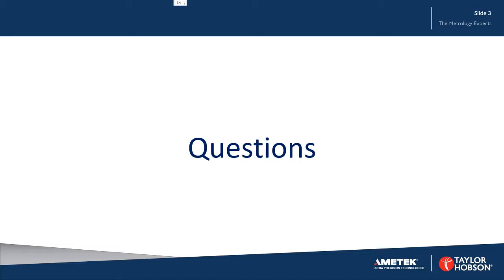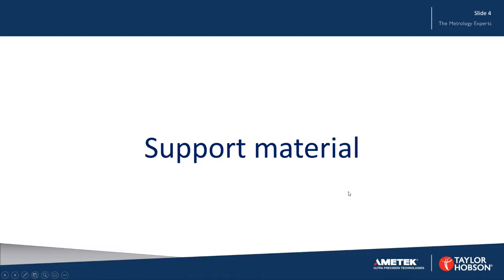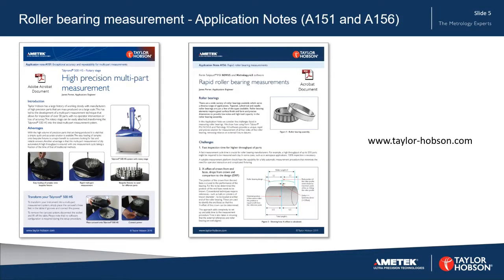Okay, that's brought me to the end of the questions. Just to say a couple of words here about the support material that we have. We have some application notes, A151 and A156. The one on the left there is for high precision multi-part measurement, and it deals with what we saw, which was the carousel, the rotary stage measuring multiple parts.